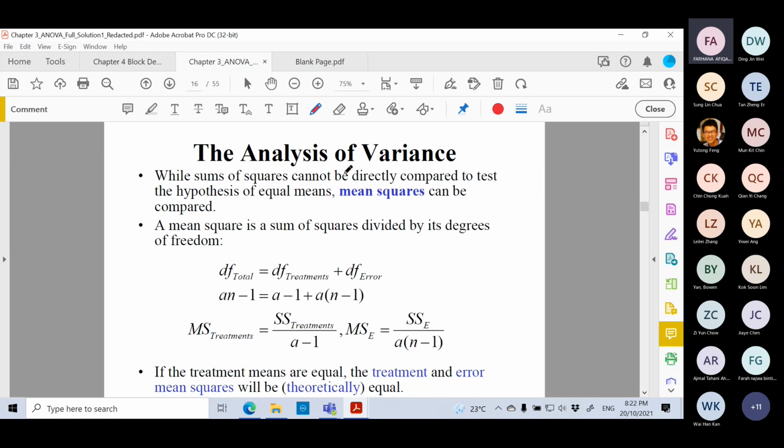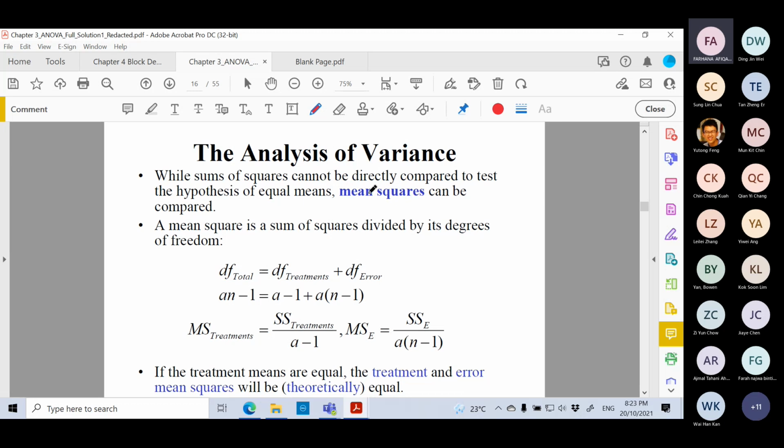The sum of squares cannot be directly compared to test the hypothesis of equality of means, because we do not know the distribution of the sum of squares. So we cannot test it directly, because a small value or a large value does not mean anything. So we need what we call a mean square.